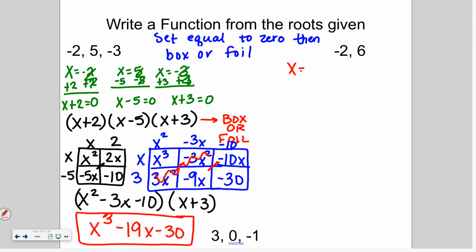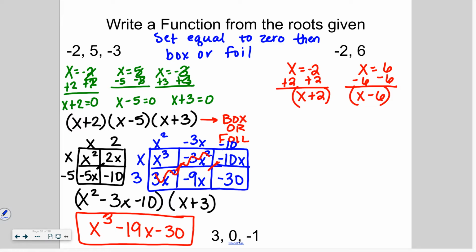x equals -2, x equals 6. Add 2, so x plus 2. Subtract 6, x minus 6. Box or FOIL? I'm going to FOIL this one. No, I'll box this one because it's a small one. So it's a 2 by 2.